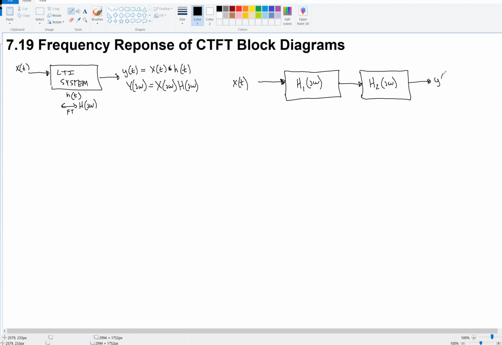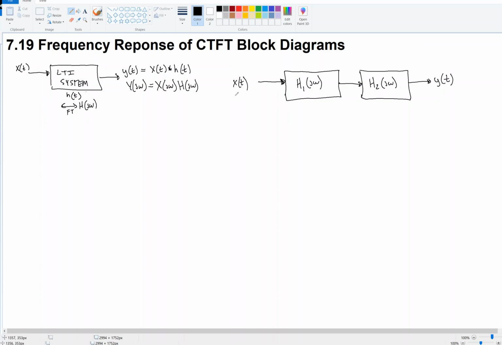This is a common case, especially in circuit analysis. You have one circuit that does something, and then you feed that into a second circuit that does something else, and you want to know the output of the cascaded arrangement or the series arrangement. So let's try to understand what happens here.